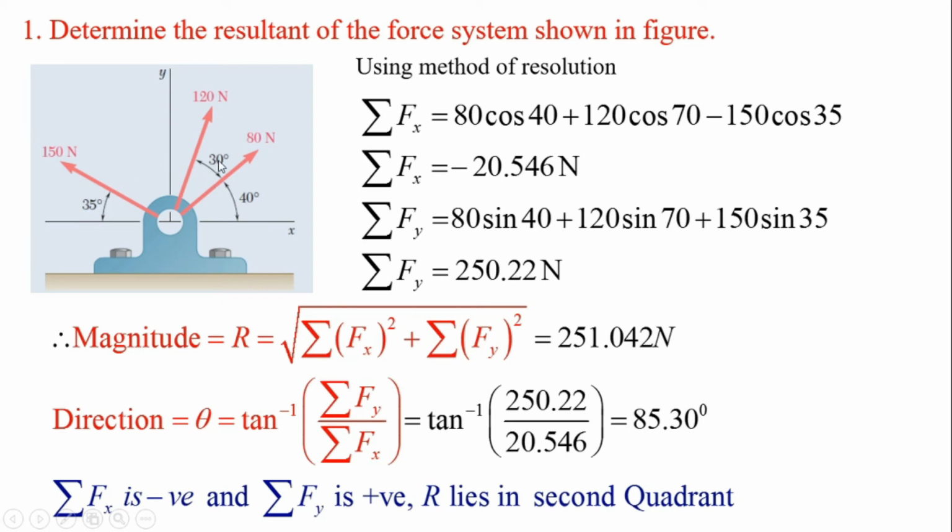To produce the same effect, you have to apply this force of 251.042 Newton at point O, making an angle of 85.30 degrees with the x axis in the second quadrant. So the force will act like this. This is the second quadrant and the resultant is acting in the second quadrant. In this way the resultant can be determined completely.